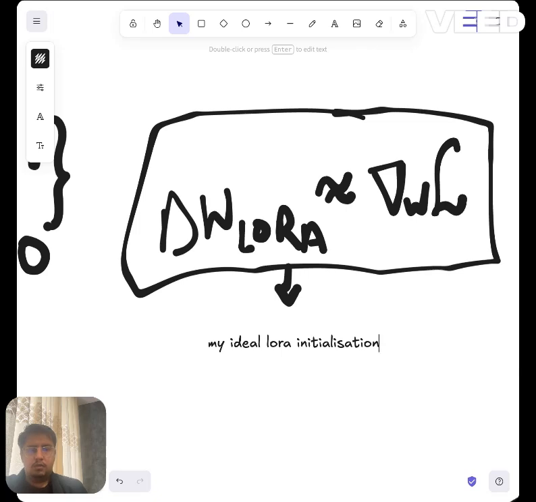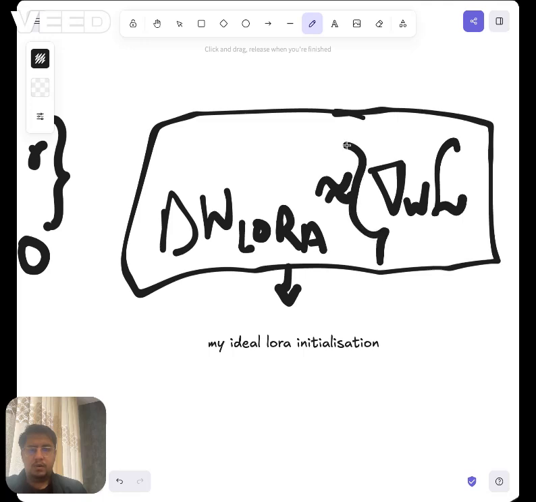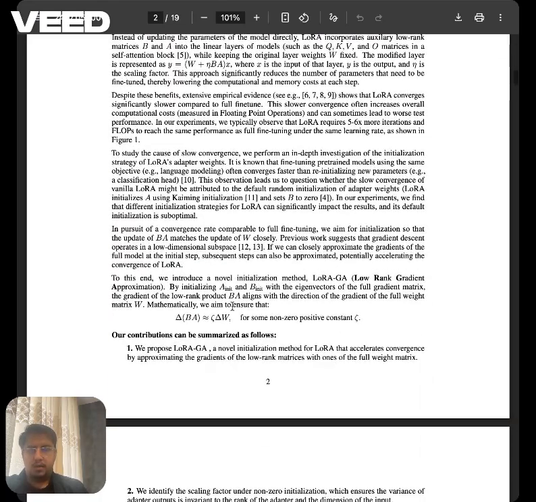Cool. So we want the first LoRA update direction to align as closely as possible with the full fine tuning gradient. Not exactly because of the rank constraint, but it could be as close to it as possible. And in fact, since it's not exact, it might be with some constant c, as we can see described here in this paper, for some non-zero positive constant c, of course.